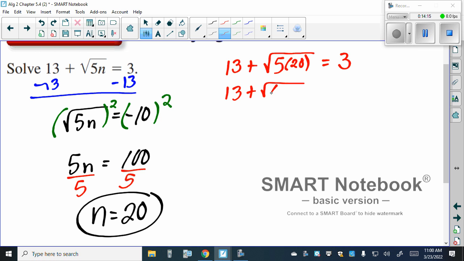Well, 5 times 20 is 100. Square root of 100 is 10. And 13 plus 10 is 23. Is 23 equal to 3? No. So is 20 a solution? No.